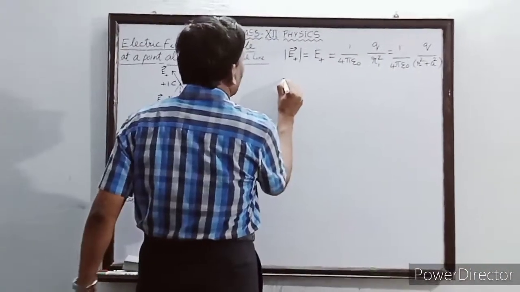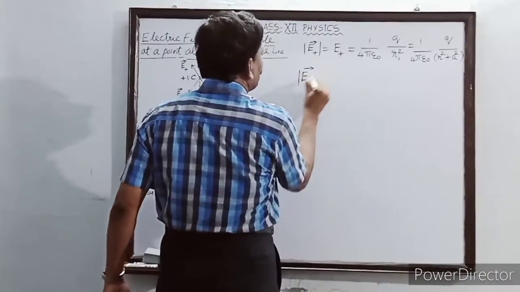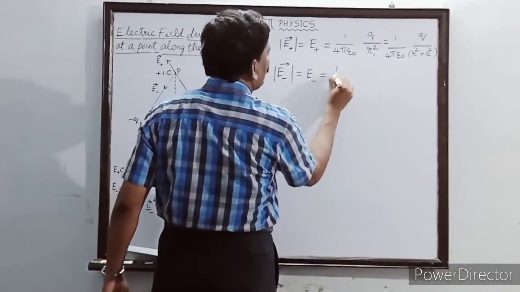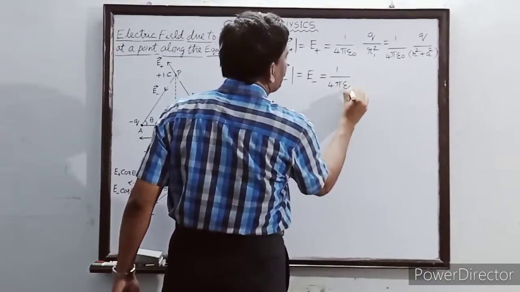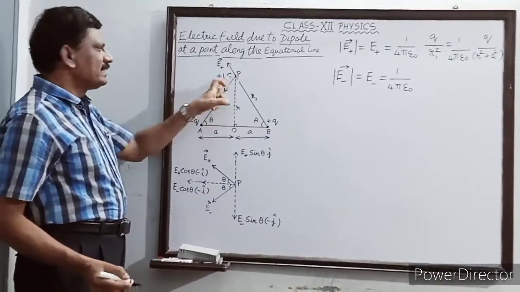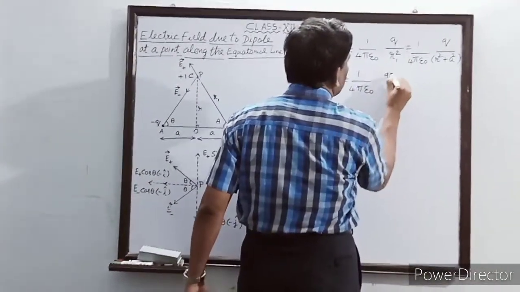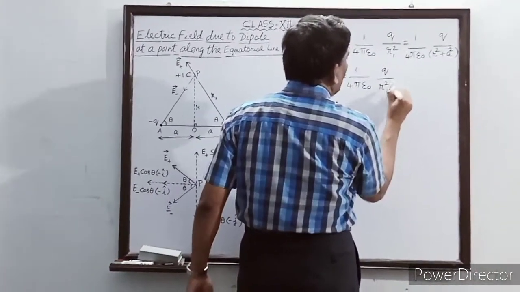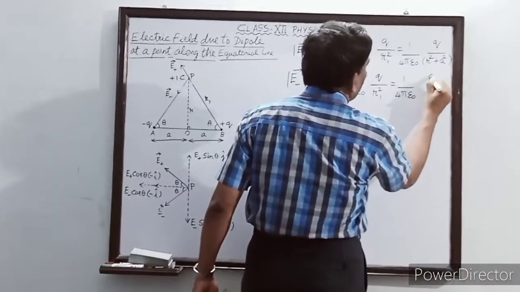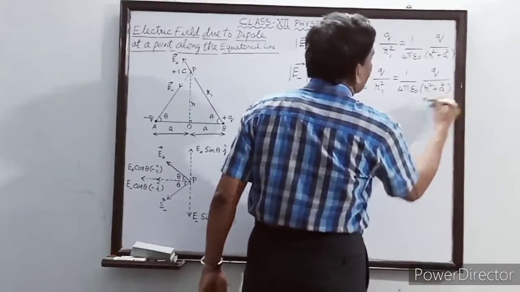And similarly, what is the electric field at the same point due to the negative charge minus q? The modulus of E minus is equal to 1 by 4 pi epsilon naught into q divided by AP square, which is also equal to r1 square. So we get the same expression, E minus is equal to 1 by 4 pi epsilon naught into q divided by r square plus a square.